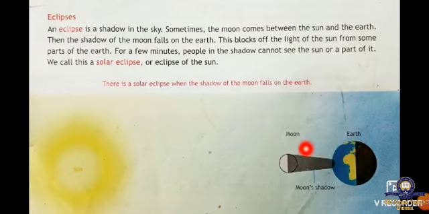This blocks off the light of the sun from some parts of the earth. For a few minutes, people in the shadow cannot see the sun or part of it. We call this a solar eclipse, or eclipse of the sun. You can see there is a solar eclipse when the shadow of the moon falls on the earth.